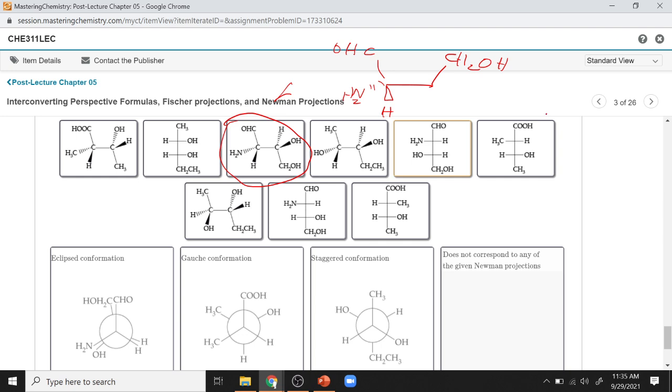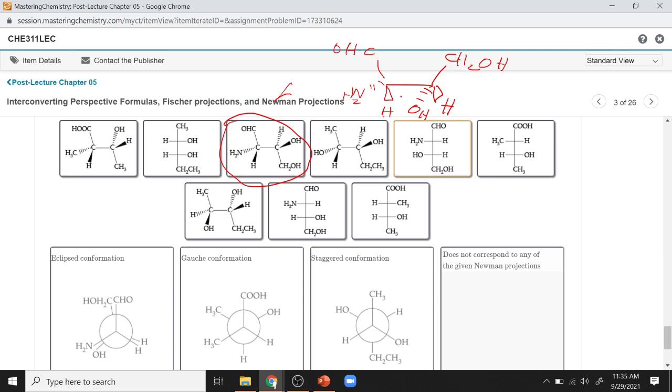Okay. I know I'm overkilling it sometimes, but I just want to make sure you understand and have multiple ways you can think of these things, because not everybody thinks alike. So the H has to flip, the OH has to flip, right? Okay. And so that's what that should look like, right?